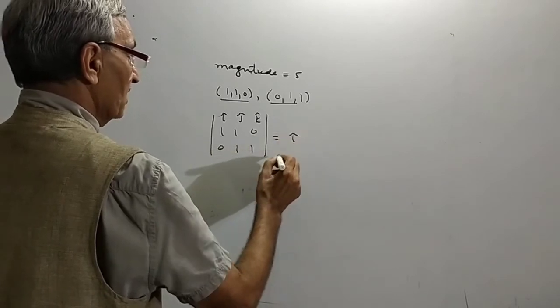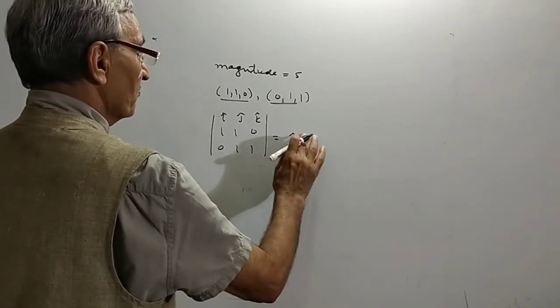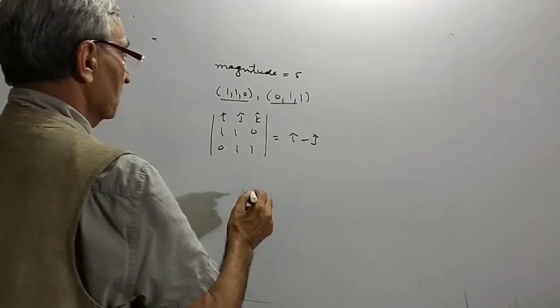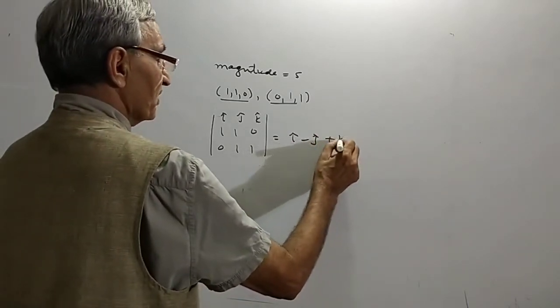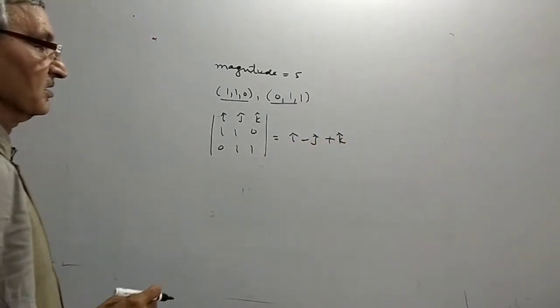This gives i minus j plus k. This is the answer here.